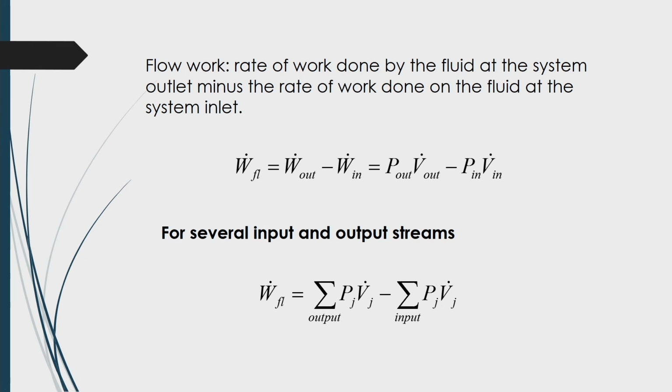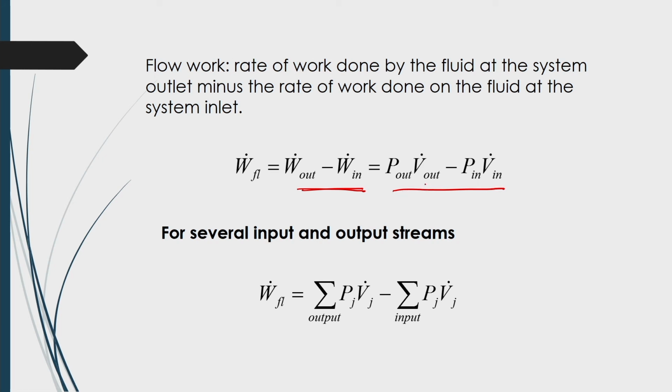So this flow work is basically the rate of work done by the fluid at the system outlet, and if you subtract the rate of work done on the fluid at the system inlet, you will get the flow work. This will be regarded as P out into V dot out minus P in into V dot in.